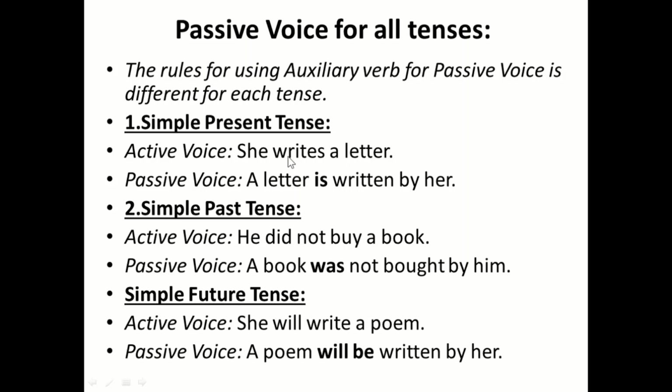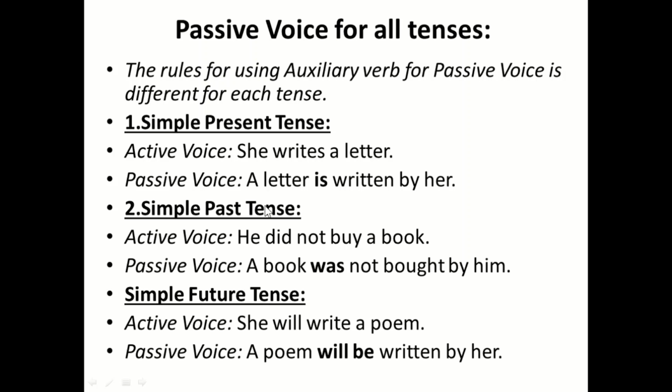So as you can see, she is singular and we have s here with the verb, so we will use is. A letter is written by her. So this subject, she, changes into her. This object, a letter, is at the beginning as a subject, and this one, writes, becomes is written, because we have s here.